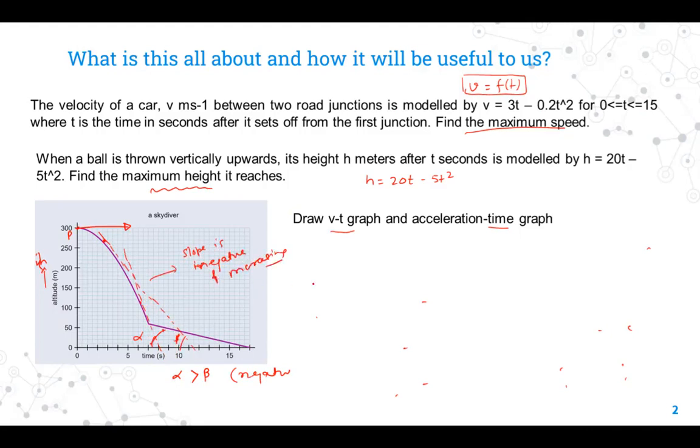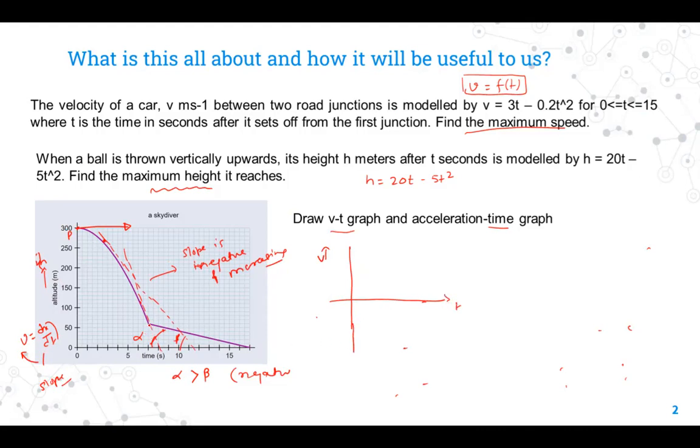We know that velocity is nothing but dx by dt, and dx by dt is the slope. The slope of the x-t graph gives velocity.